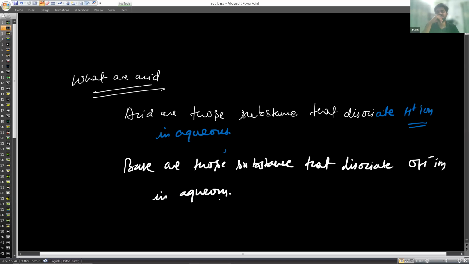Nabila, you studied that one in the C2 batch or C1 batch, I think I started the chemical equation reaction. Let it be. So acids are those substances that dissociate H plus ions in aqueous, and bases are those substances that dissociate OH negative ions in aqueous. This definition was given by Arrhenius.